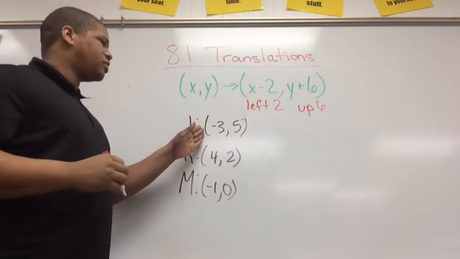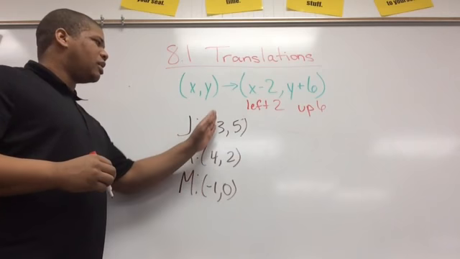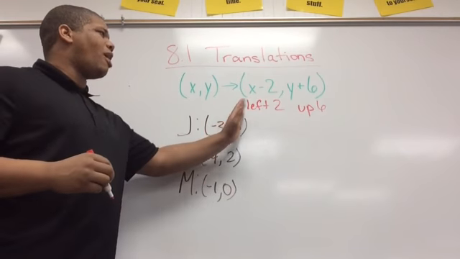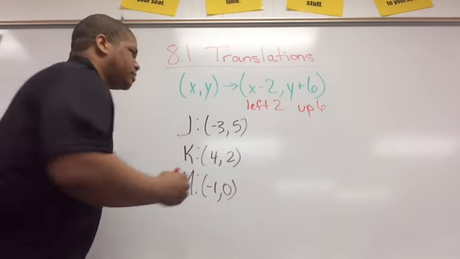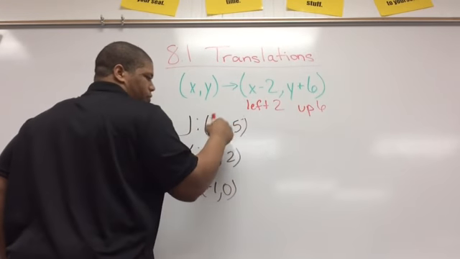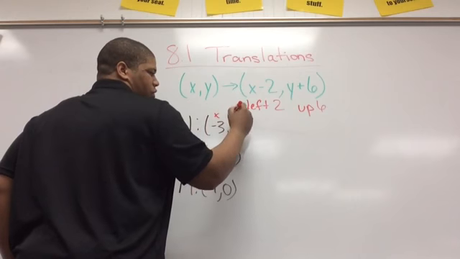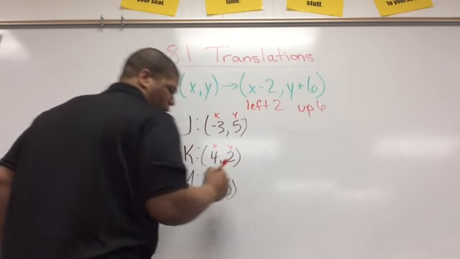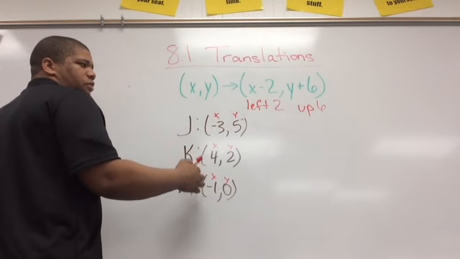So now I have to translate each of these numbers, my x left 2, or minus 2, and my y plus 6, or up 6. So my x here is negative 3, 5, xy. That way I don't get confused about which numbers to move.